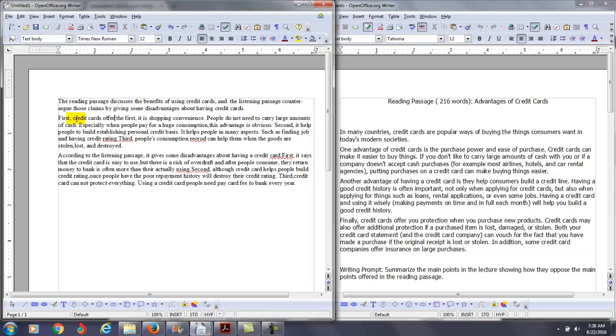Credit cards offer customers shopping convenience. You might say here the voice marker.